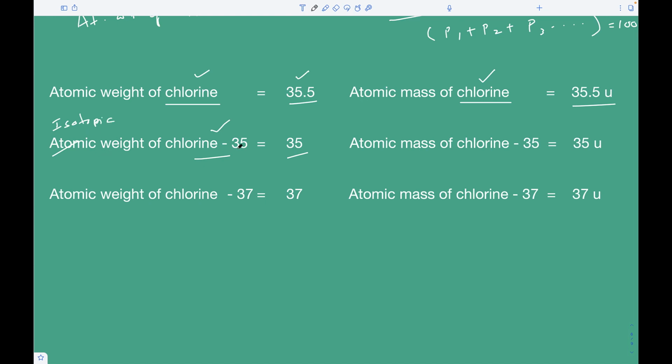So, atomic weight of chlorine 35 and isotopic weight of chlorine 35 mean the same. And same here. Then what is the atomic mass of chlorine 35? Same thing. You take the atomic weight and multiply it with 1U. So, it will be 35U in this case and 37U in this case.